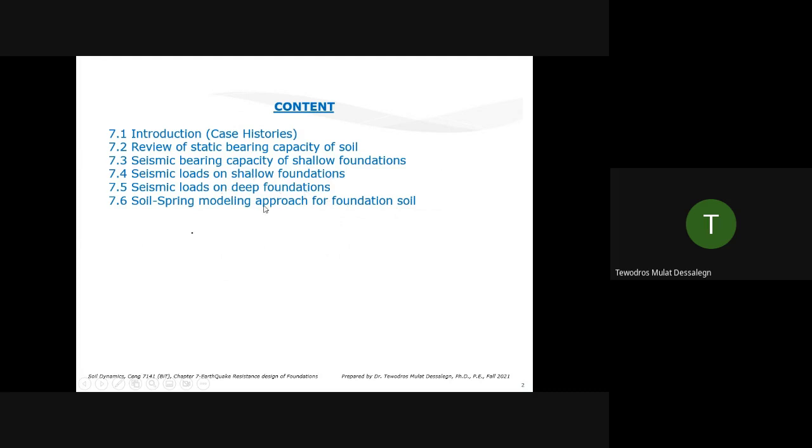There is also an approximation where people use a soil spring modeling approach for foundation soil. Normally, because of limitations of software in modeling the entire soil and structure, in some cases it's acceptable to represent the soil by springs. But it's preferable to model it as is, but we have lots of simulations.